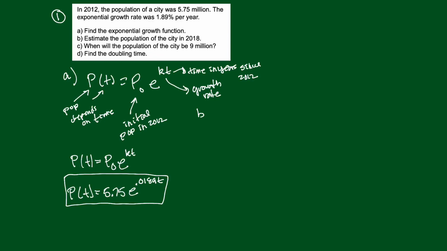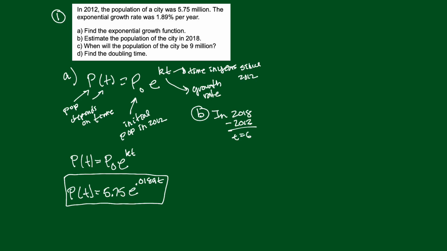Now in part B, what we want to do is estimate the population of the city in 2018. So how about this? In 2018, what is t? Well, let's subtract 2012. That means t is equal to 6. So we're 6 years from the start, 2012.